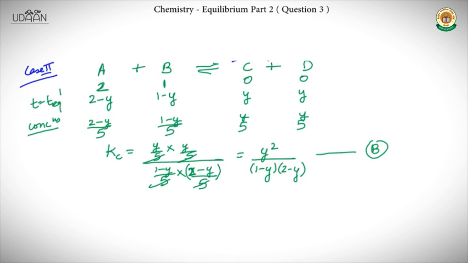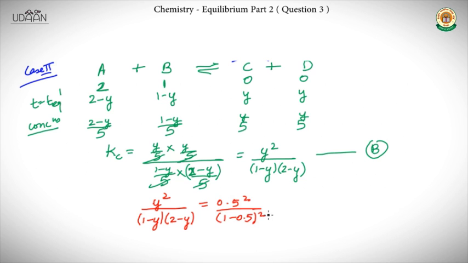I can equate the values of Kc we obtained in both the cases, because the temperature is the same. So Y square upon 1 minus Y into 2 minus Y is equal to 0.5 square upon 1 minus 0.5 square.